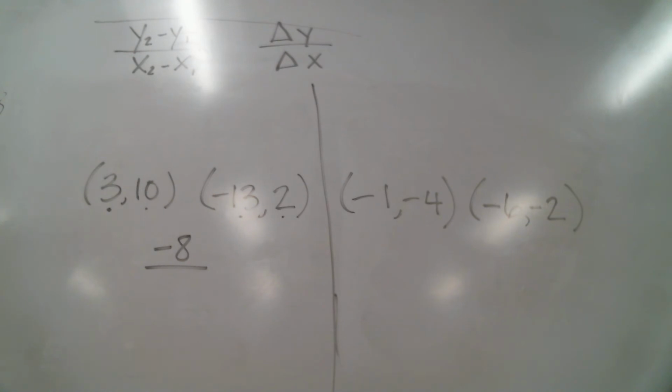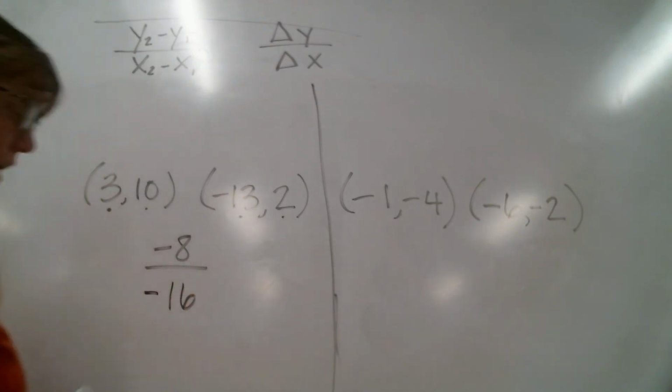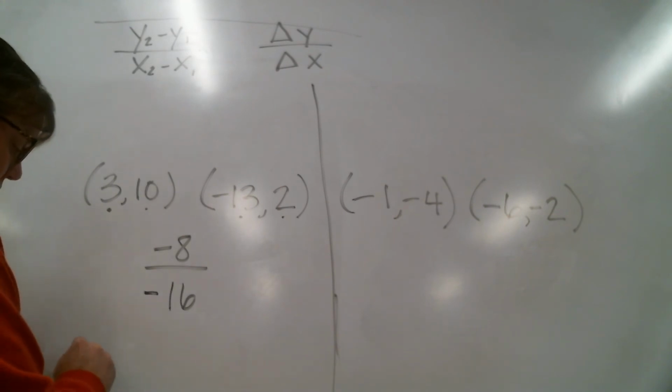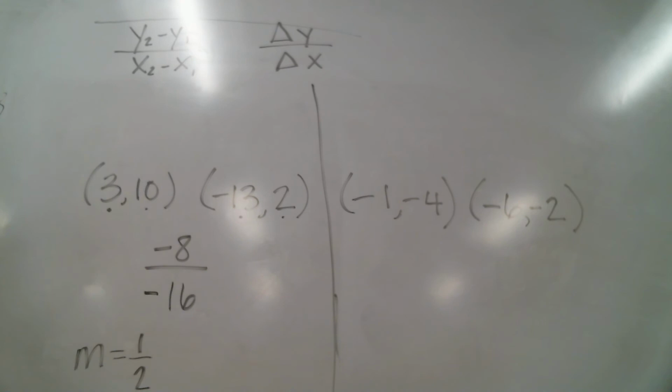So you actually moved backwards by 16. So backwards 16 would be a -16. And remember, slopes are simplified. 8/16 simplifies to 1/2. And then a negative over a negative is a positive. So our slope would be positive 1/2.